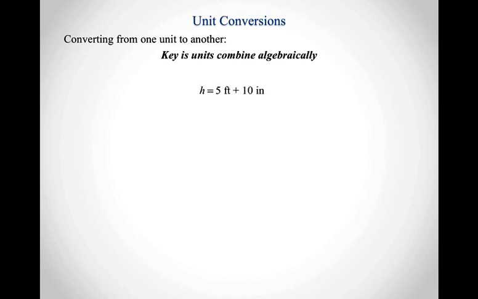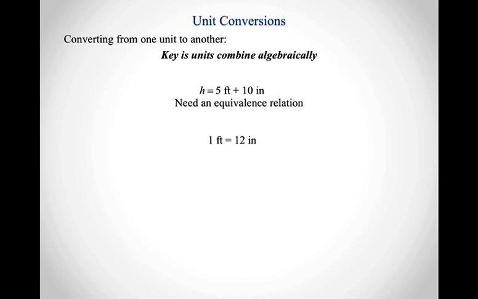So again, let's say I have that height of 5 feet 10 inches. To turn this into a single unit, what I really need is an equivalency relation, right? So I need something that tells me how feet and inches relate to each other. And in this case, I know what that is, right? It's 1 foot is equal to 12 inches.